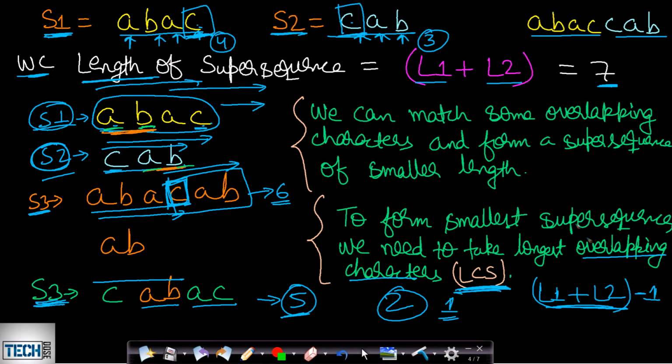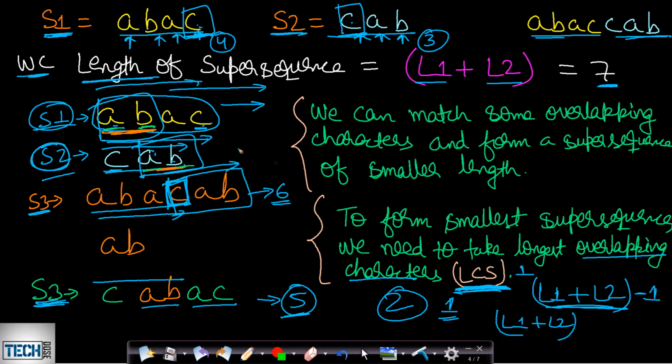Okay, so if you are forming the shortest common supersequence, then we were considering the longest common subsequence and taking all the characters only once and not 2 times. Therefore in the worst case, you are having L1 plus L2 number of characters when you are adding them side by side, but when you are considering all the common characters, then you are including the common characters only once and not twice.